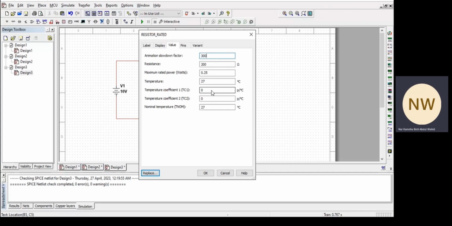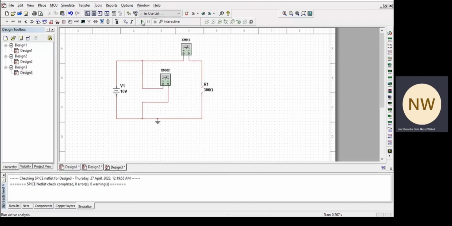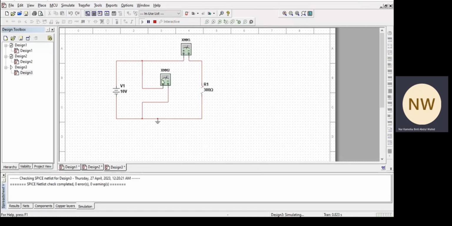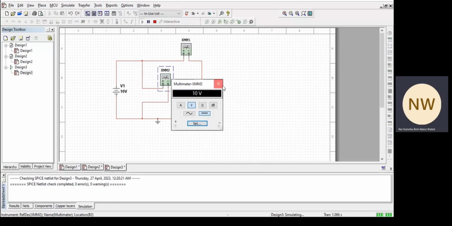Next, we're gonna set up 300 ohm of resistor. We run the simulation. We're gonna get the answer of the ammeter is 31.69 milliampere and 10 volt.